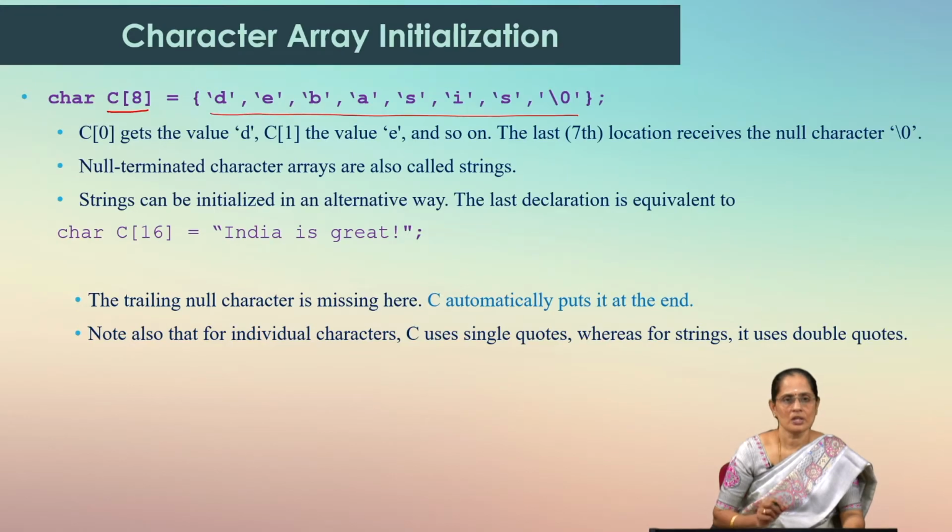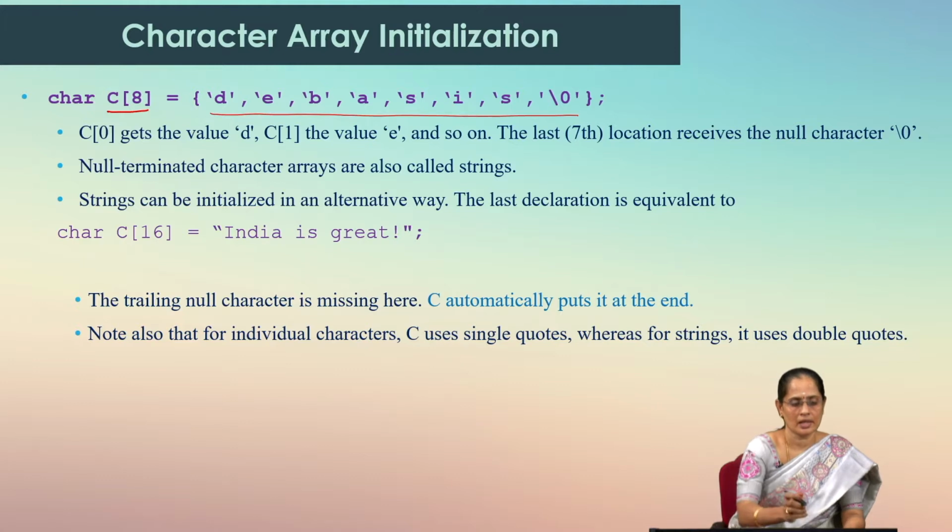Henceforth, we can say that the initialization of the character array goes this way, storing each element enclosed within single quotes. In this case, C[0] will be assigned the character D, the first location.